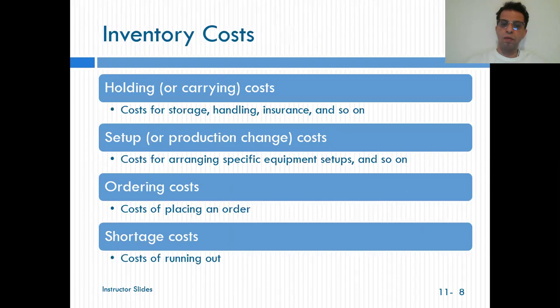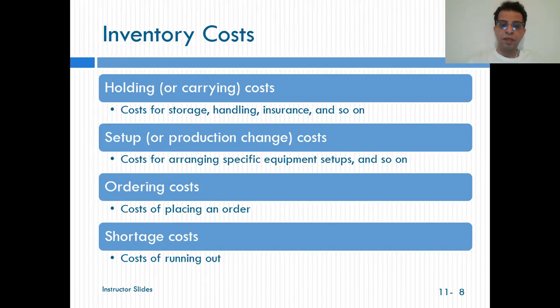Now, when we're talking about inventory cost, there is the holding or carrying cost: the cost for storage, handling, insurance, and so on, and defective product, maybe some of them.